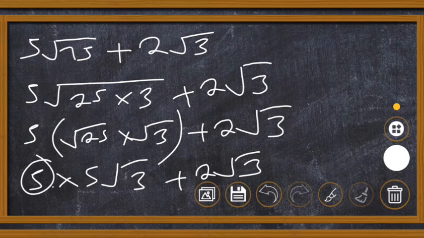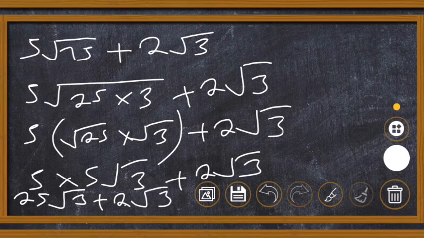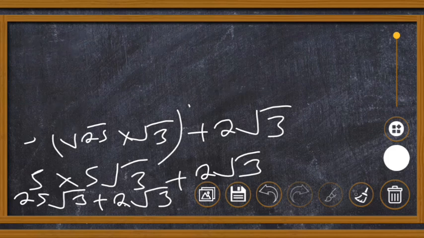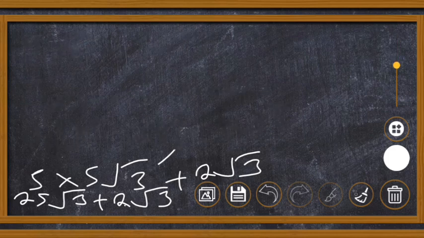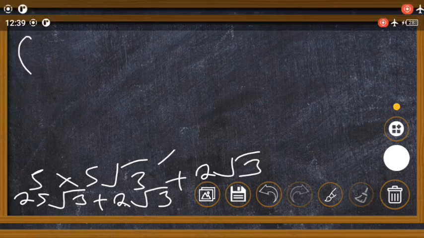So 5 multiplied by 5, here we have what? 25. So we're going to have 25 outside the brackets, and then we have root of 3 plus, we have this 2 outside here, so it's 2 root of what? Root of 3. Now we have the scalar numbers outside the roots. So in this case we are going to add the scalar numbers first according to the multiple scalar rule.